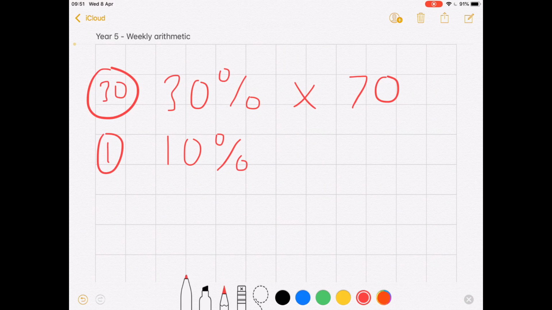And we do that by dividing this number by 10. And then the second step is, once we've got our answer, you multiply your answer by 3, because we are finding 30%, so we multiply by 3. And that should help you find 30% of 70.